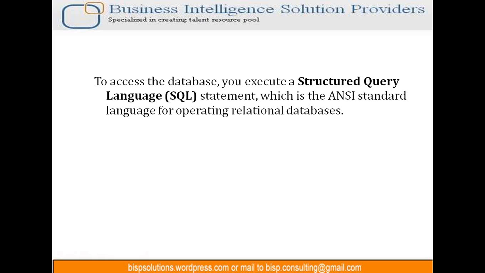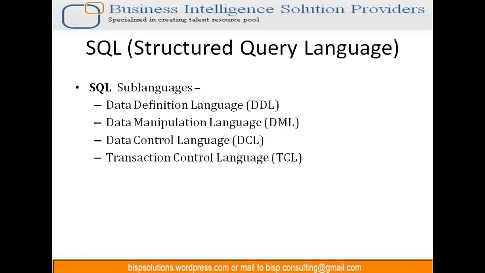Now SQL basically was divided into 4 sub-languages. SQL has its own sub-languages called data definition language, data manipulation language, data control language, and transaction control language. Data definition language allows us to define the structure of the database objects.